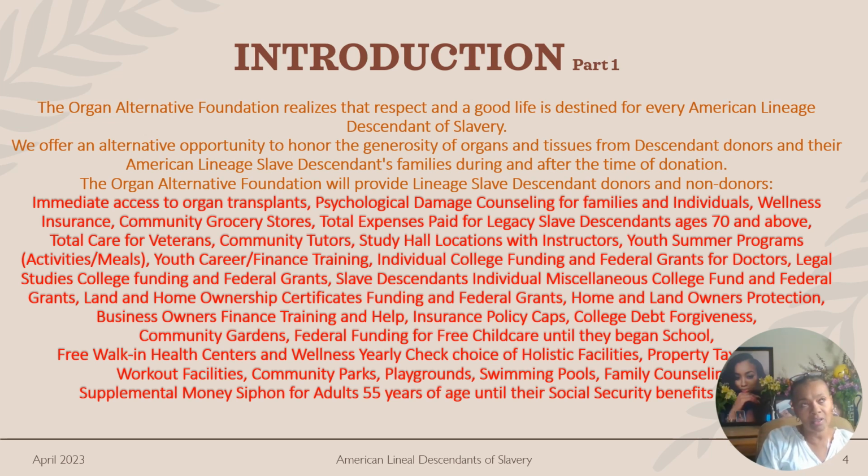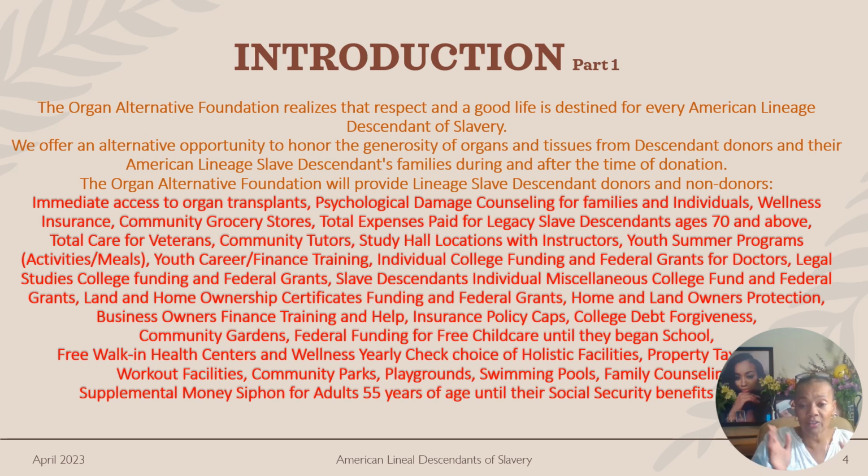Wellness insurance. Wellness insurance pretty much means a yearly check. Once a year, go get yourself checked. You know what a wellness check is. Twice a year. Okay, community grocery stores.